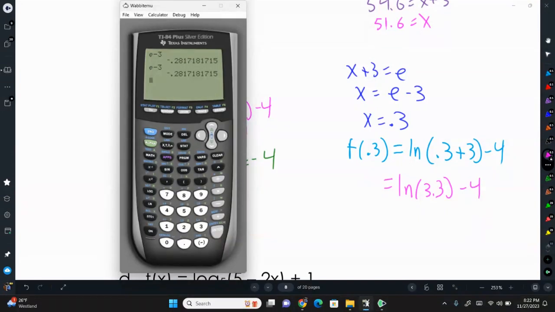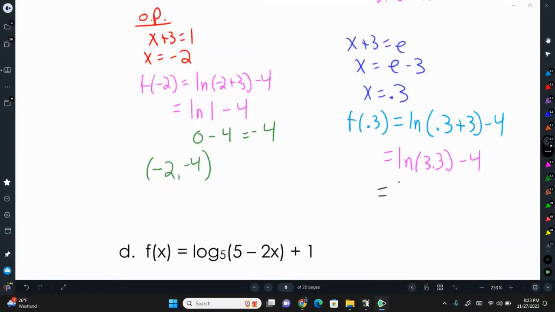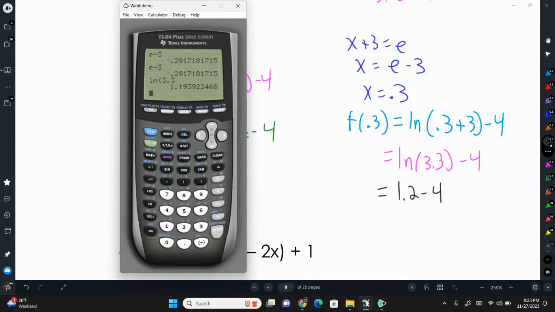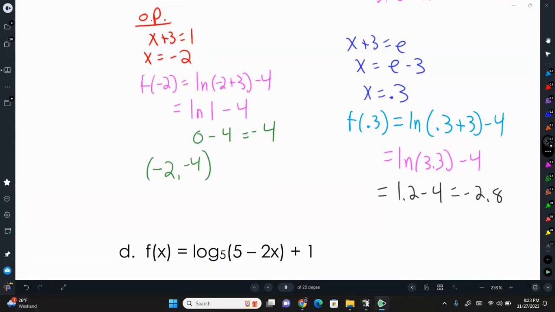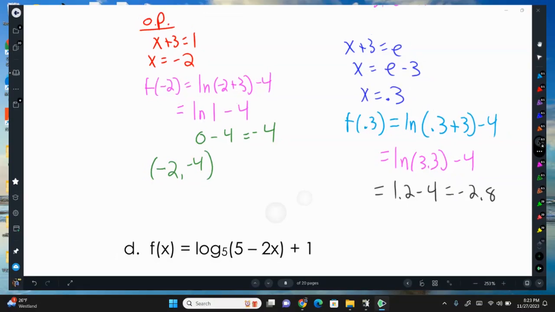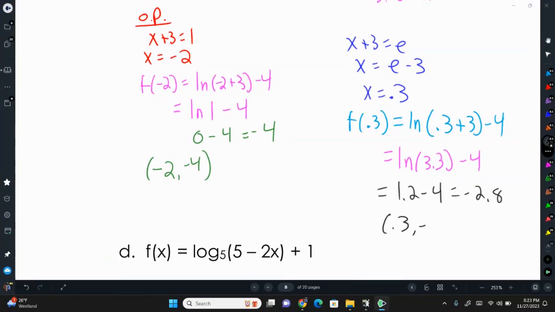So then we have to take the natural log of 3.3, and we get 1.2. So we get 1.2 minus 4, and we get negative 2.8. So we have 0.3 comma negative 2.8 as our point. So now we can go plot those.